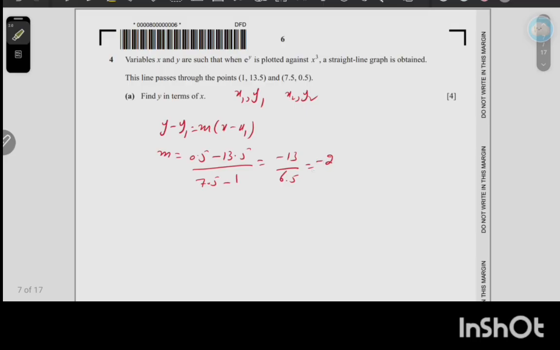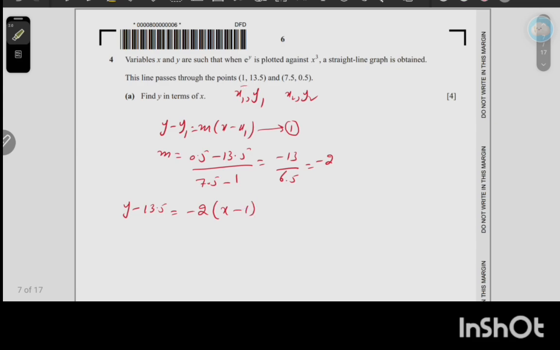Okay, now the gradient and this point apply in the equation. So y minus 13.5, where y1 is 13.5, equals m, and m is the gradient, which is minus 2, times x minus x1, and x1 is 1.